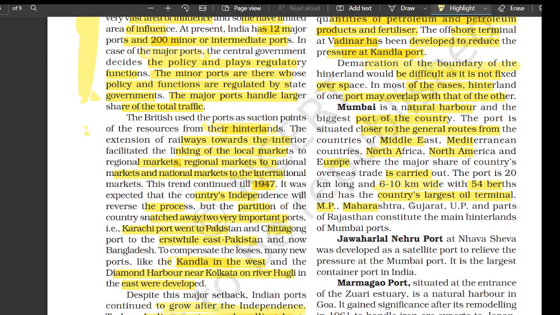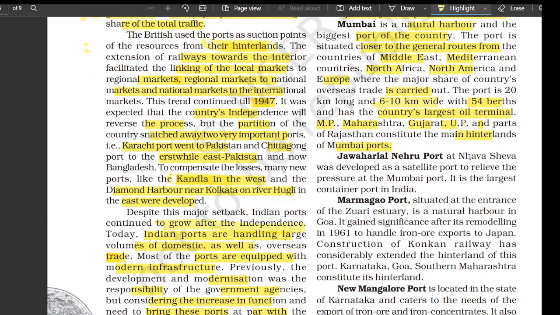MP, Maharashtra, Gujarat, UP, and parts of Rajasthan constitute the main hinterlands of Mumbai port. Jawaharlal Nehru Port at Nhava Sheva was developed as a satellite port to relieve the pressure of the Mumbai port. It is the largest container port in India.